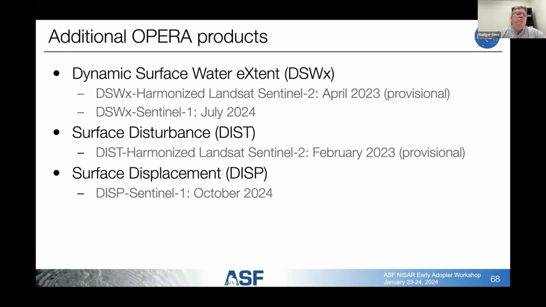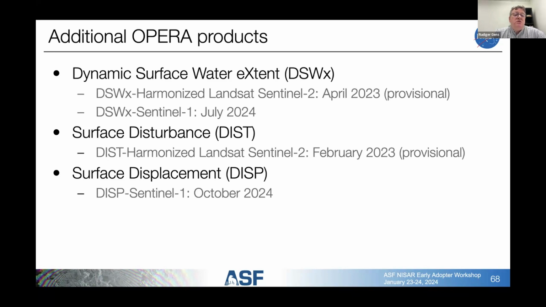But there are plans to make the surface water extent available based on Sentinel-1 data, currently planned for July 2024. So we don't have the data set yet, but this is the current launch date. So if you're waiting for surface water extents based on Sentinel-1, the middle of the year is probably your best bet.